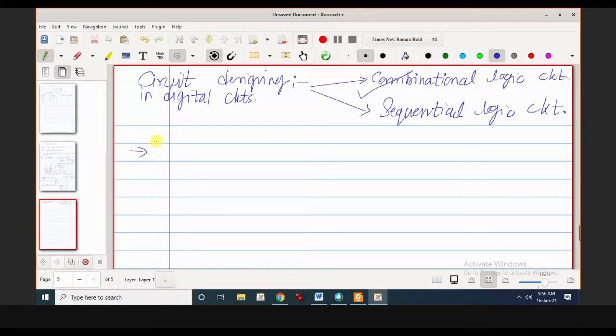Our next heading, the most important heading, the very big heading under which all the headings will come, is combinational circuit design.